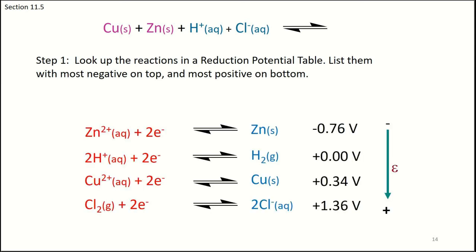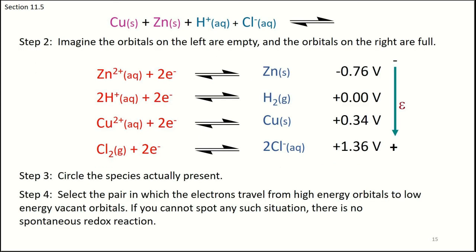So when I do that, we see that they are written in this way here. So these are written in the correct order from the most negative potential, that with a negative 0.76 volts, to the most positive potential, that of positive 1.36 volts.